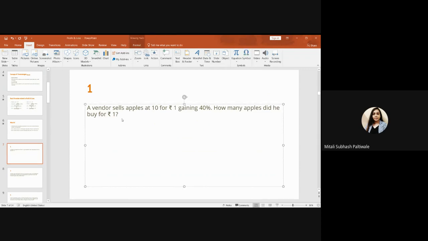Let us write what is given in the question first. SP given is the selling price of 10 apples, which is equal to rupees 1.